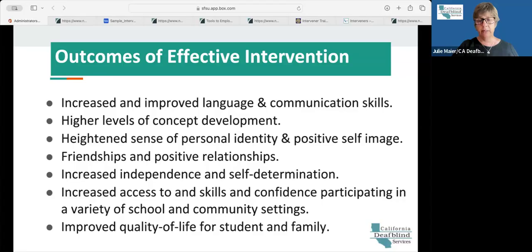Increased access to and skills and confidence in participating in a variety of school and community settings, as I just illustrated with the photos on the last slide, and then improved quality of life for the student and family. So those are all such important outcomes that I'm certain that you would value for students that you're working with.